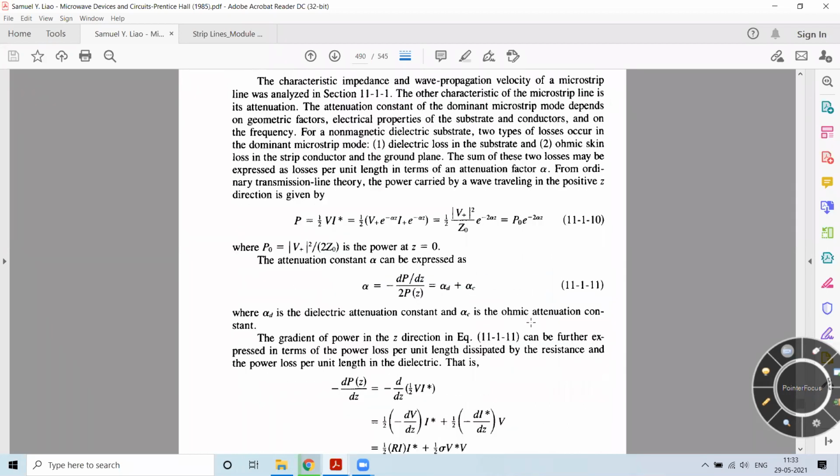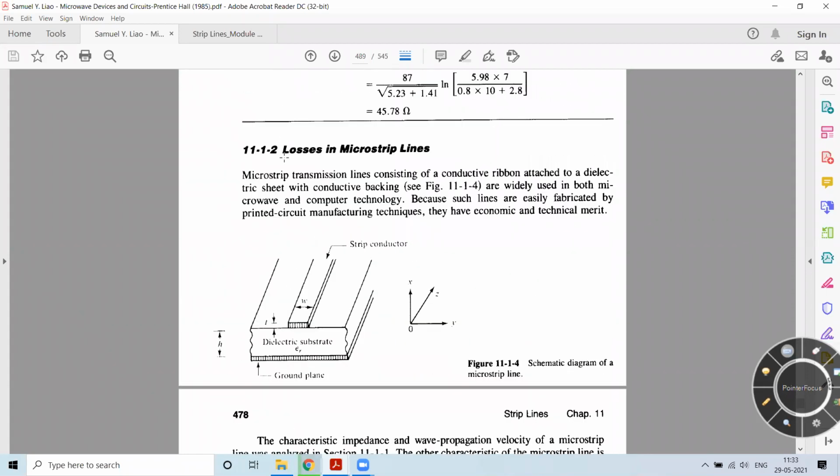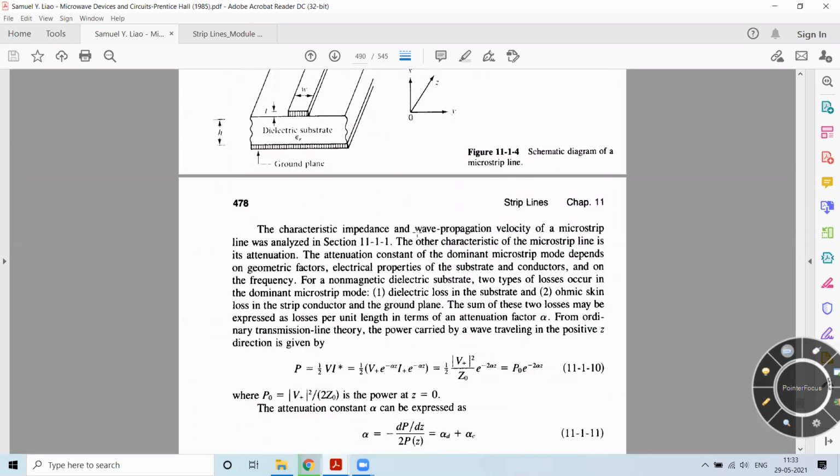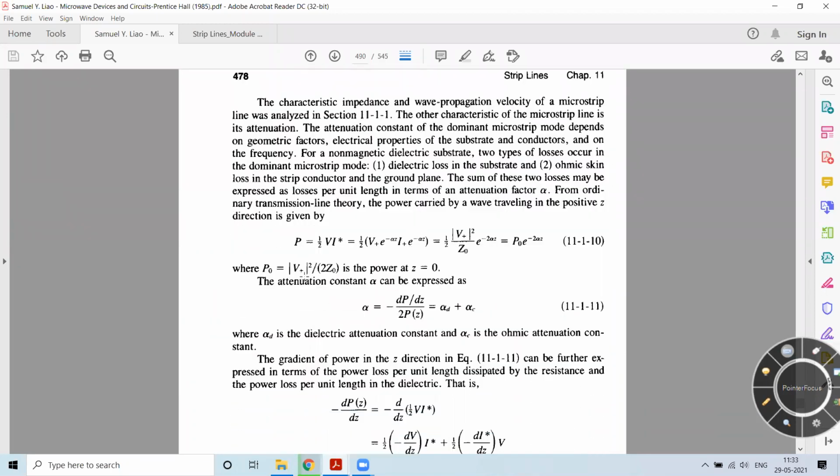Now how do I obtain the loss factor? When we are considering the losses, it is nothing but the attenuation that we have to consider. Based on that, we have the attenuation constant alpha, which is defined with the help of this power specification. That is, alpha is minus dP by dz, the differentiation of the power with respect to z, divided by 2 times P of z.